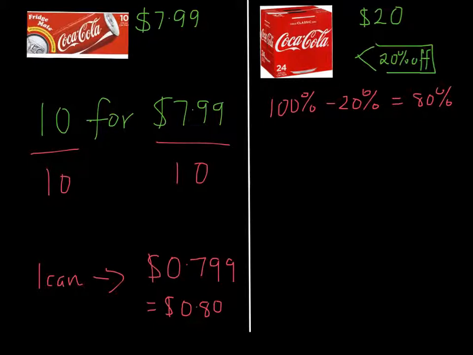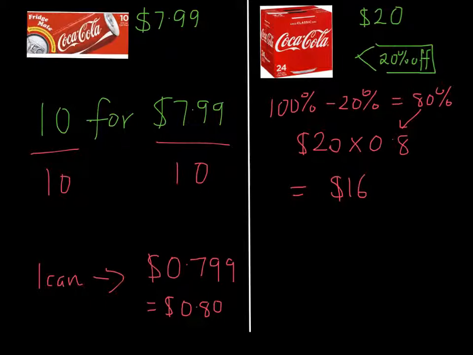So I'm going to do $20 times 0.8, that is 80% as a decimal, and that will give me the price with 20% off. That is equal to $16. I could have worked it out with any other percentage discount method as well. I could have worked out 10% of it, which was $2, multiplied that by 2 to give me $4, and taken that away would have got me to 16 as well.